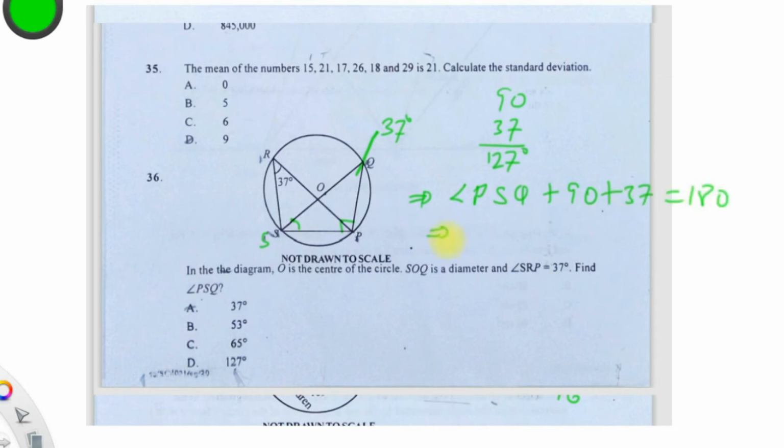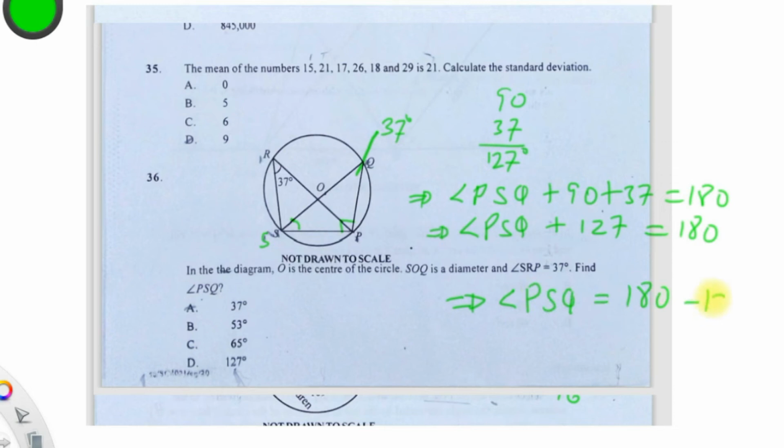This implies that angle PSQ plus 127 is equal to 180 degrees. So angle PSQ is equal to 180 degrees minus 127, which is 53 degrees. So the correct answer is this one, answer B. Have you seen?